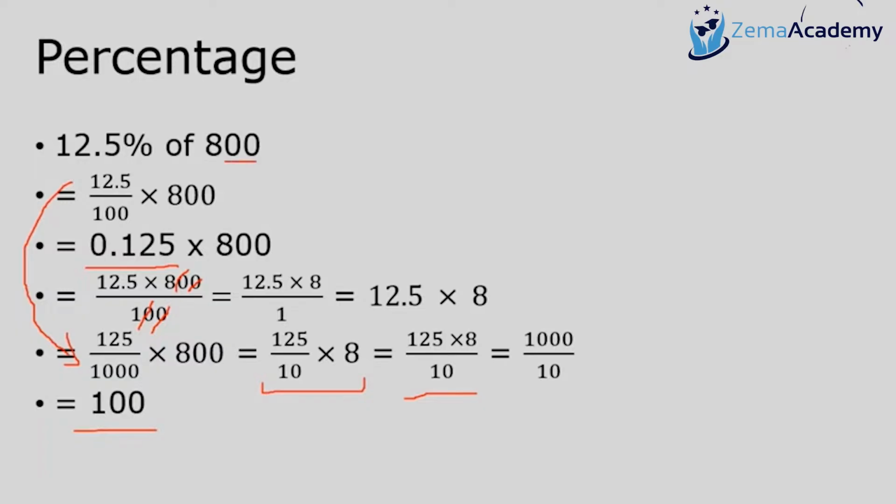But this section here, 12.5 over 100 multiplied by 800, should be your starting point to work out a percentage of that value.